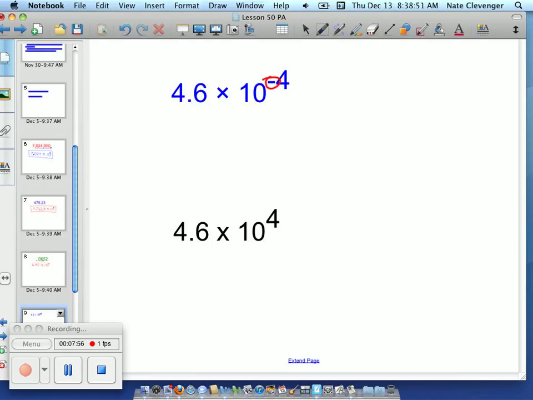So we're going to move our decimal left, and then we look at the exponent, 4 places. So we have to count the 4 as one of those spots. So there's 1, 2, 3, 4. So I would need 3 zeros. So the standard form for that would be 0.00046.